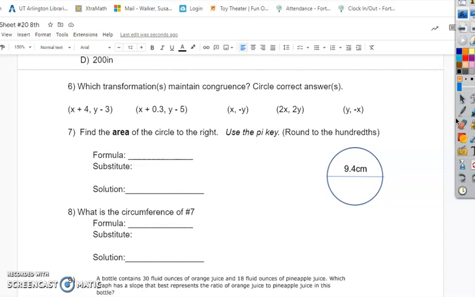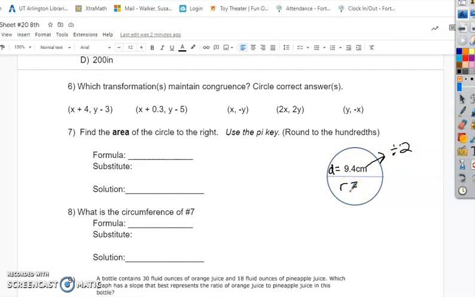Number 7 and 8, guys, just use the formula chart, please. We've got to get used to using this. Notice what I have here. Hopefully you know that is the diameter. Always for area, we need the radius. Take that number and divide by 2, and then you'll get the radius.